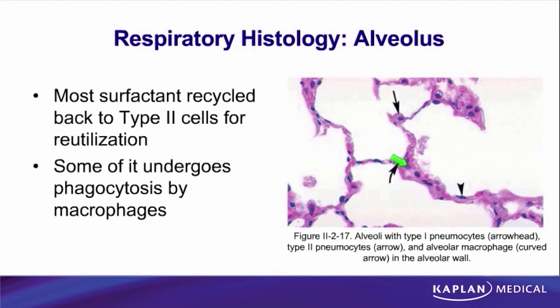And so that material has to be phagocytized by elements of the immune system that are in the lung. So there are macrophages in the lung that are mobile. They're able to be in the alveolus and phagocytize particulate matter, and they migrate out of the alveolus into the interstitium, into the connective tissue between the alveoli. And those macrophages that are there to phagocytize particulate material in the air that has reached the alveolus are called dust cells. Dust cells because fundamentally what they are phagocytizing is components of dust.